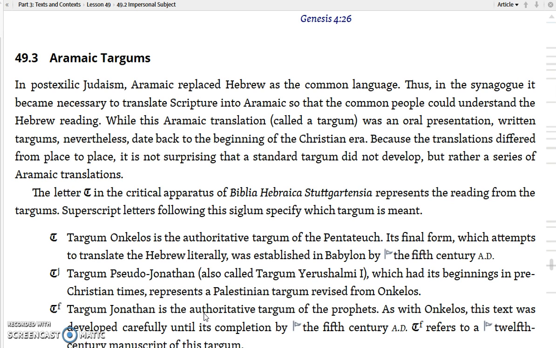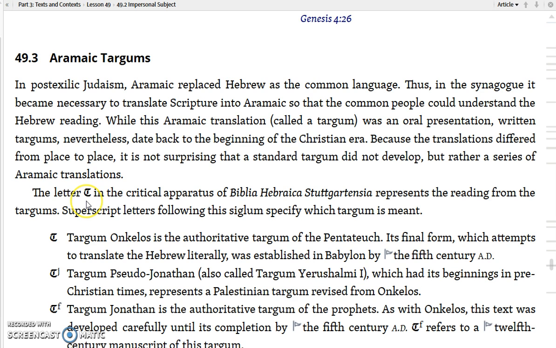This Aramaic translation was an oral presentation. Written Targums nonetheless date back to the beginning of the Christian era. Because the translations differed from place to place, it was not surprising that a standard Targum did not develop, but rather a series of Aramaic translations.